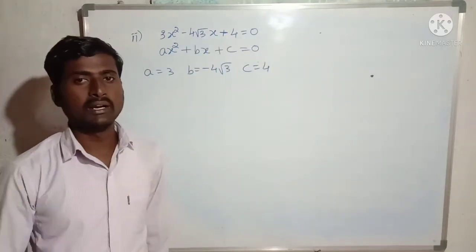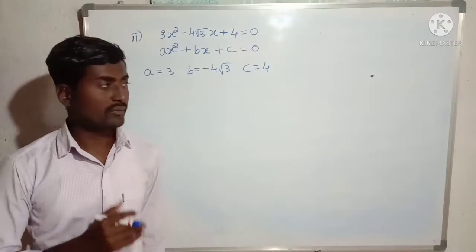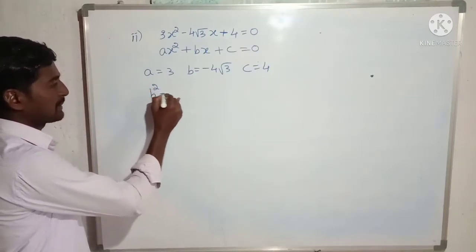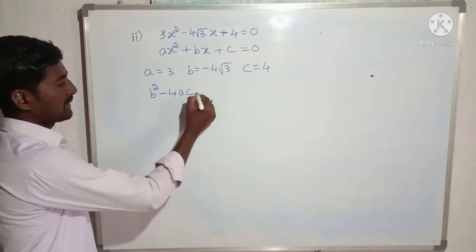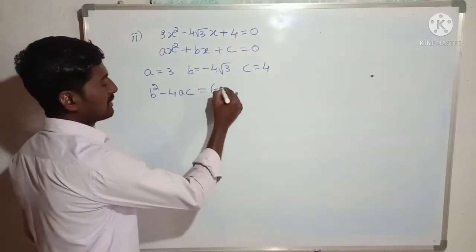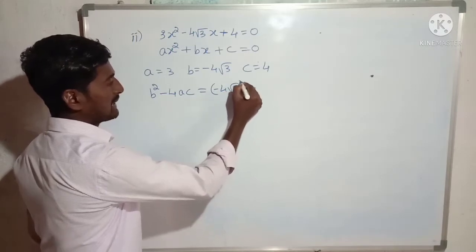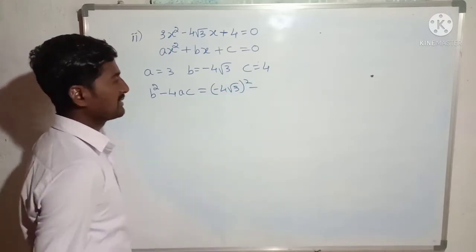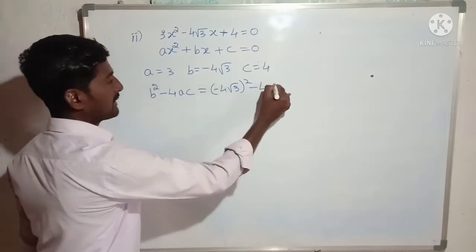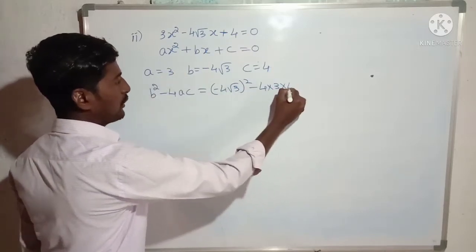Now we have to find the nature of the roots. For that I need b square minus 4ac, that is the discriminant. B square minus 4ac is equal to minus 4 root 3 square minus 4 into 3 into 4.